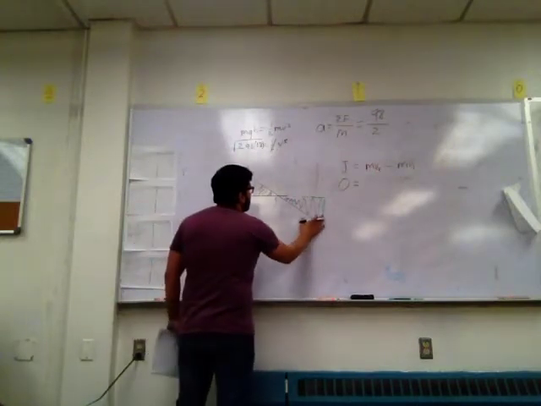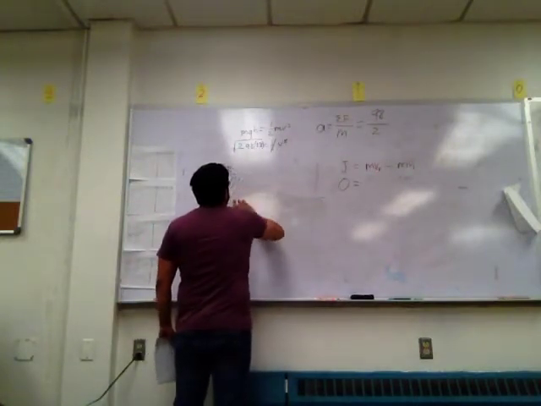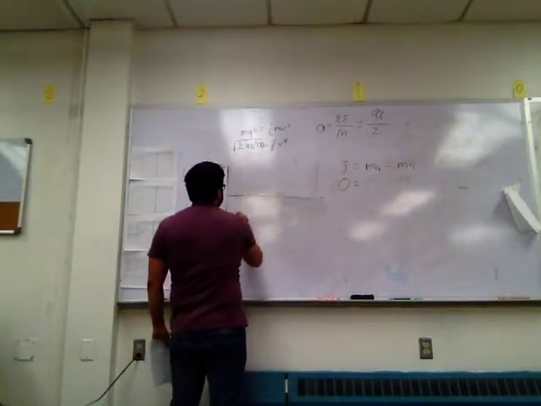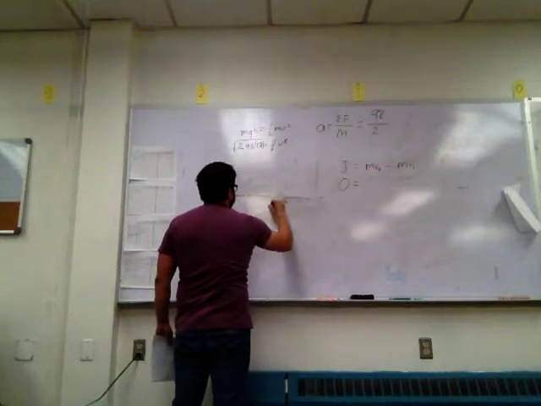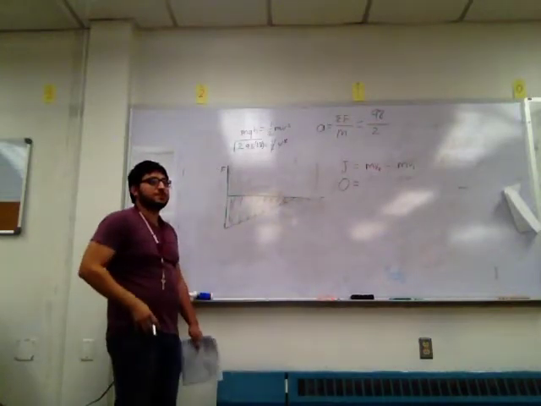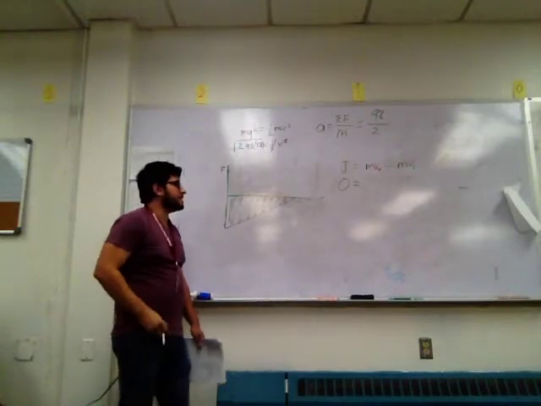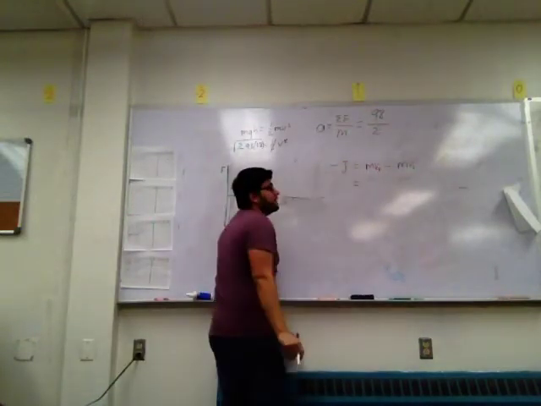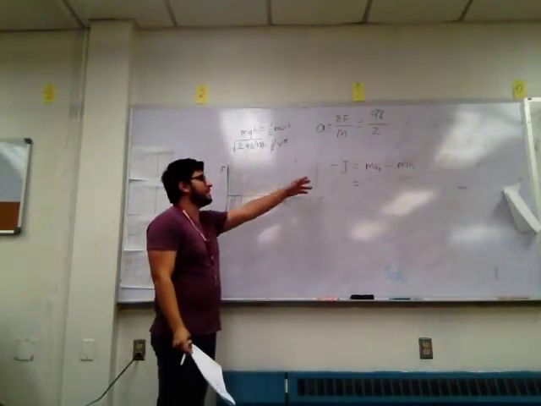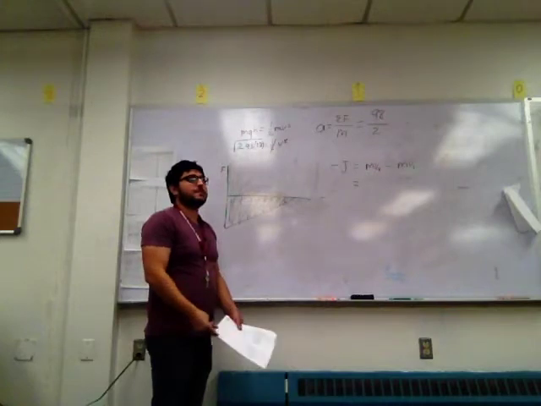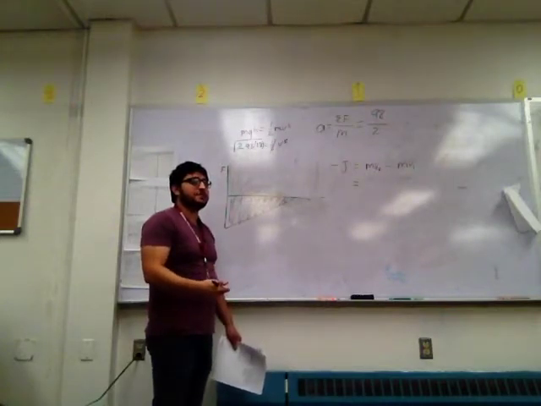Now, let's say that it looked like this. What can you tell me about my impulse? The impulse is negative. So how am I going to get a negative impulse? The final is smaller.